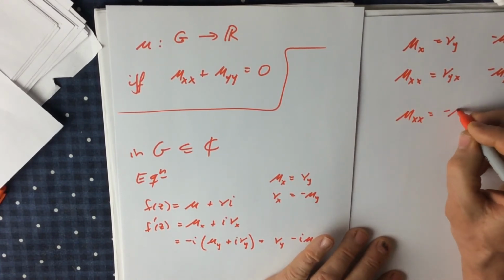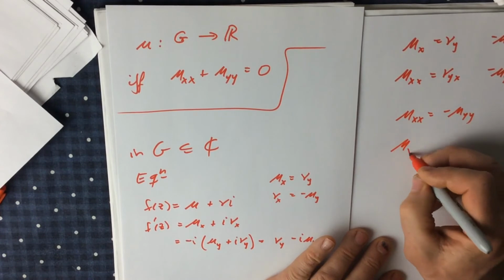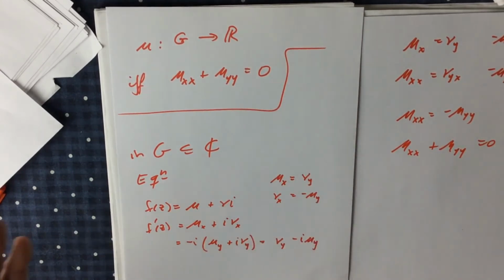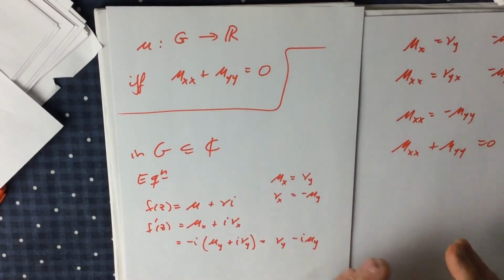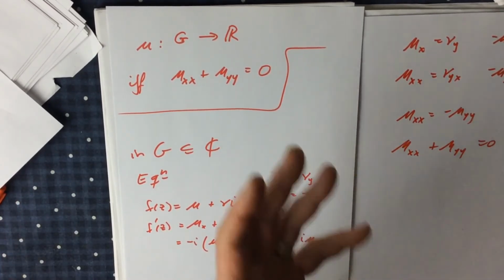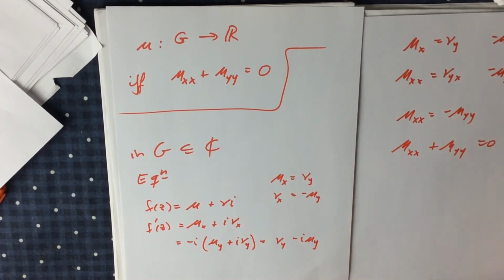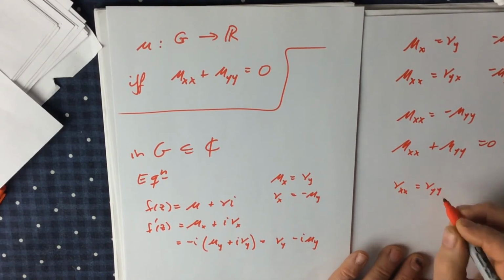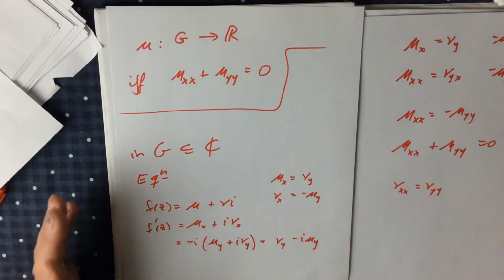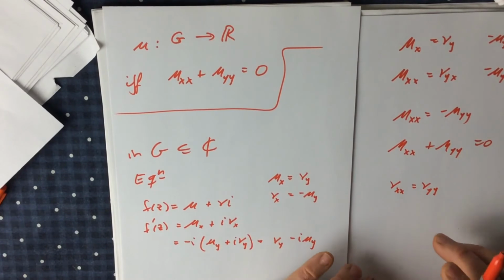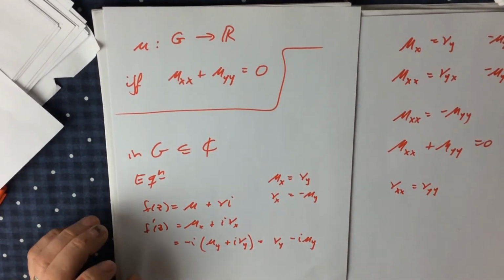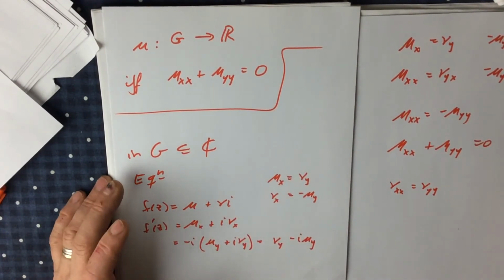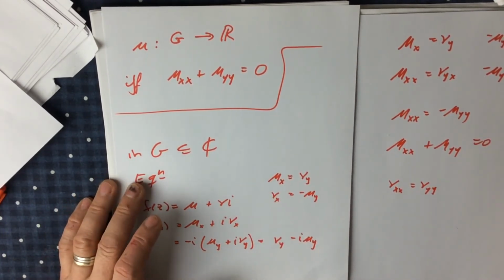So mu of xx equals minus mu of yy, which says mu of xx plus mu of yy equals 0. Holomorphic functions produce harmonic pieces. Now, I leave it to you to solve these equations the other way, but we also get nu of xx plus nu of yy equals 0. So there's a theorem here. When a function is holomorphic, then it's composed of two harmonic pieces. The mu and nu are actually called harmonic conjugates when they create a holomorphic function.